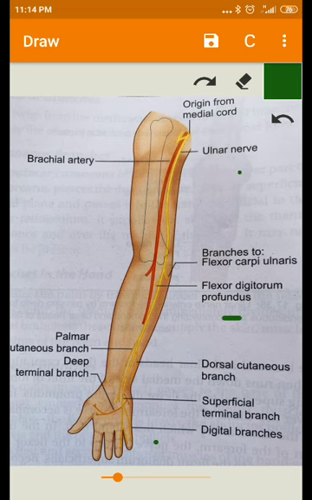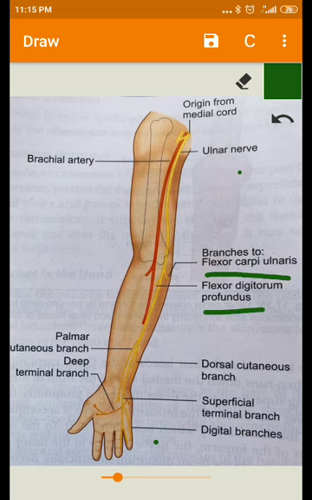Then it gives two branches to the flexor carpi ulnaris and one to the medial part of the flexor digitorum profundus. So it is giving two muscular branches after entering into the forearm. One branch to the flexor carpi ulnaris and another branch to the flexor digitorum profundus.